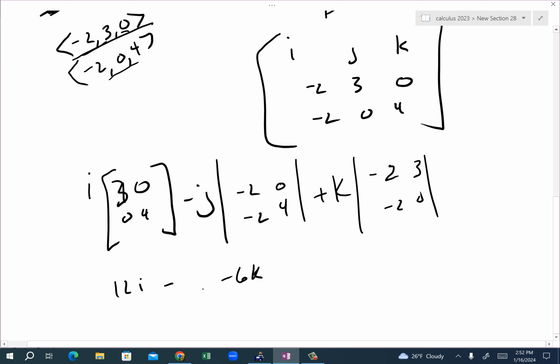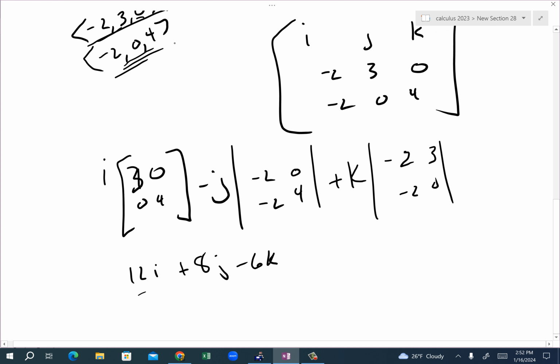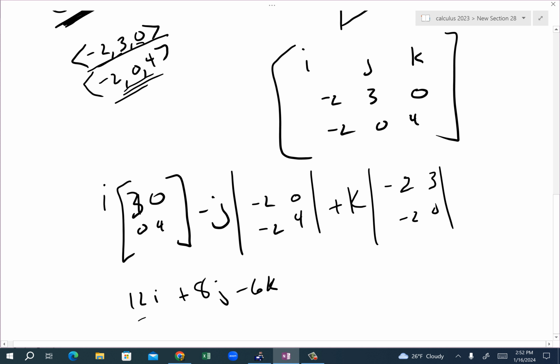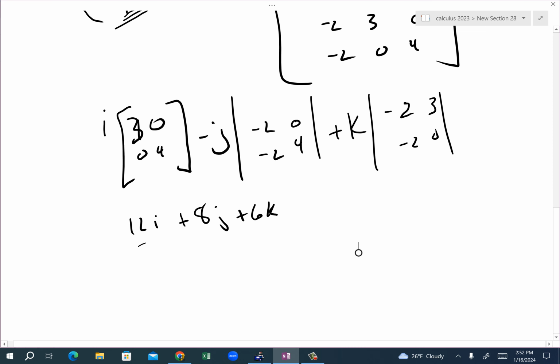I'm sorry. There it is. It's negative 8, so it's plus 8, actually. There we go. So negative 2 times this is negative 24. 3 times 8 is positive 24. 0 times 6 is 0. Negative 24 plus 24 is 0. And it also works for this one. So negative 24 plus 24 is 0. It works! So what does that mean?